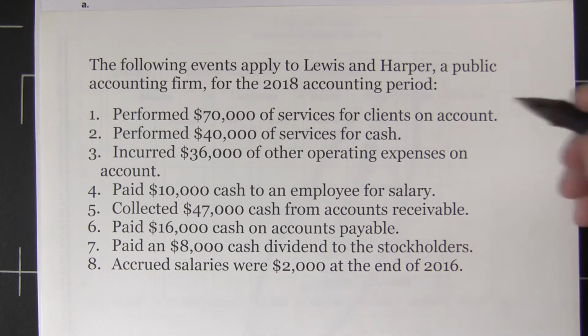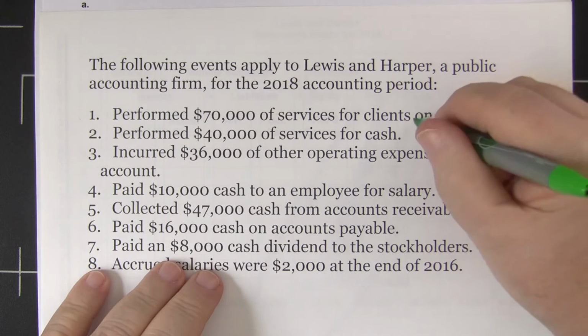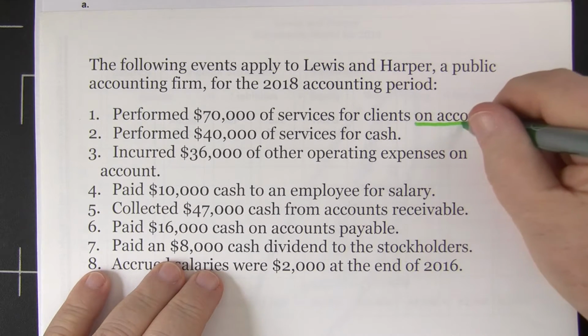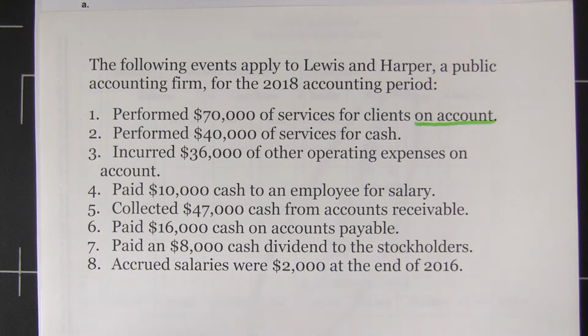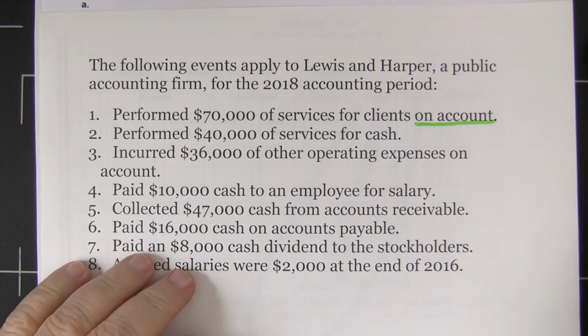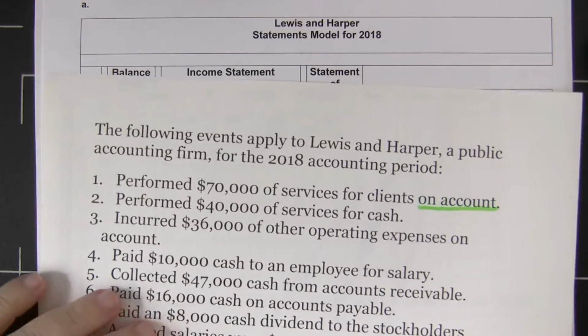Okay, so the first thing is they perform $70,000 of services, and the key word here is on account, and that's on account of they didn't pay for it yet. So that's accounts receivable.